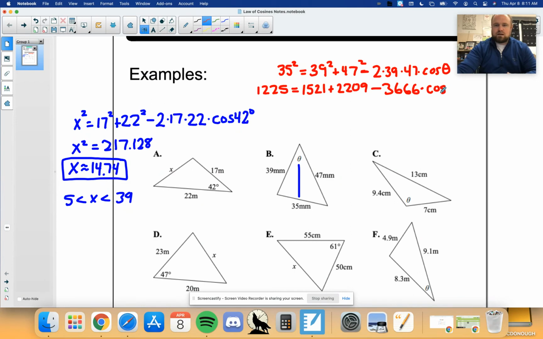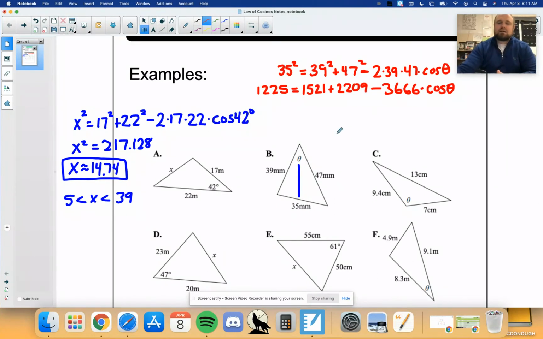So just to touch on what we just did here, 35 squared is 1225, 39 squared is 1521, 47 squared is 2209. Here's your minus symbol. 2 times 39 times 47 is 3,666, and then multiplied by the cosine of theta. And since we don't have a theta measurement yet, we can't really do anything with it.